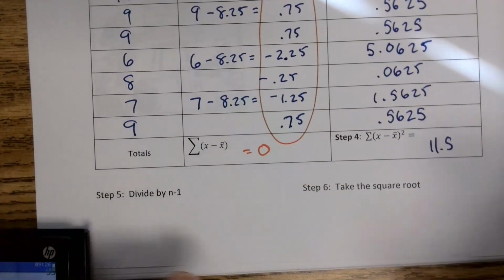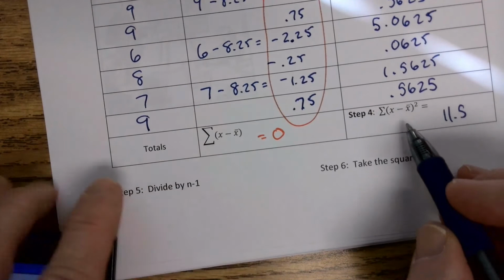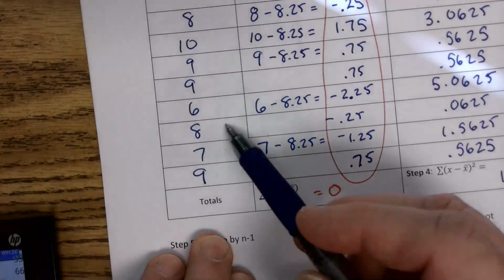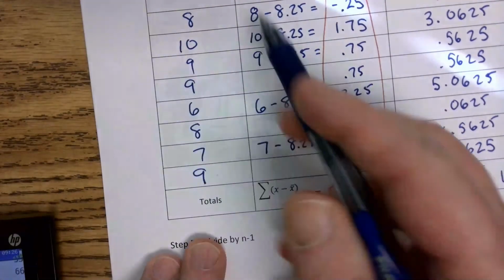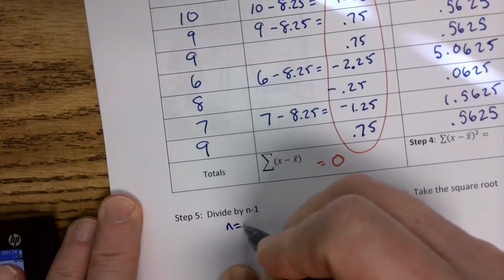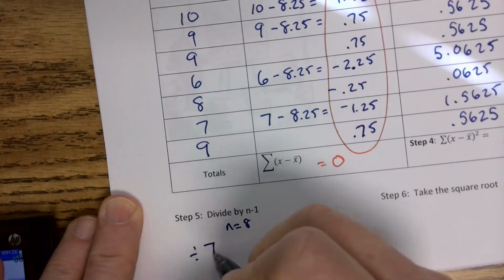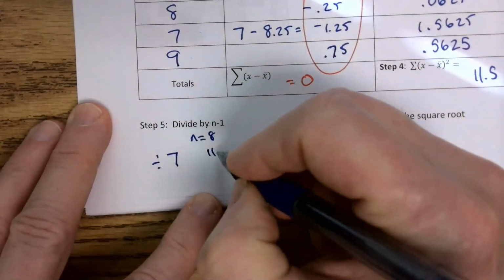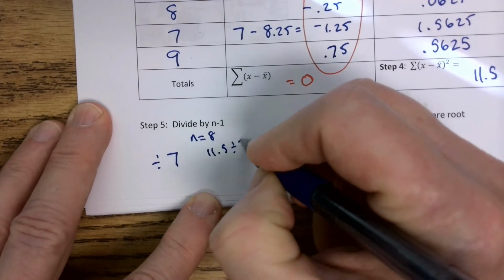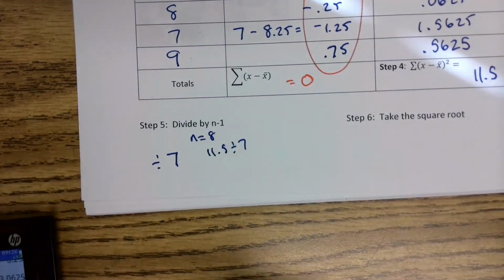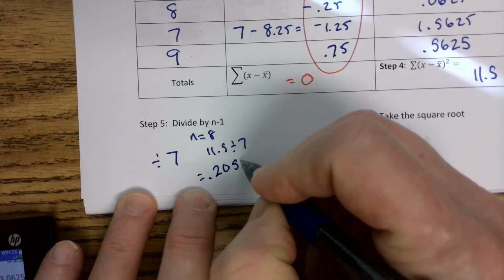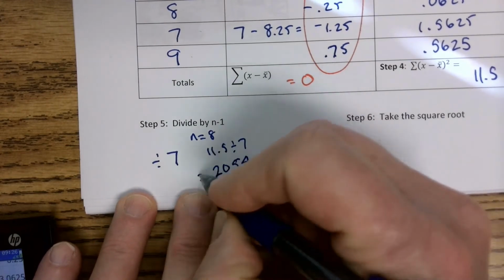Okay. Next step, step 5, divide by n minus 1. So there's 1, 2, 3, 4, 5, 6, 7, 8 data. So n is equal to 8, so I'm going to divide by 7. 11.5 divided by 7 is equal to 0.2054, approximately.